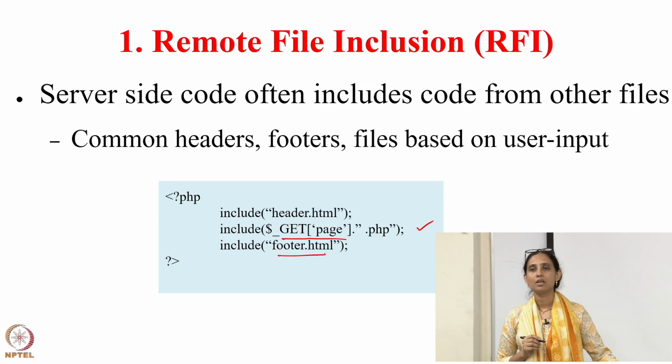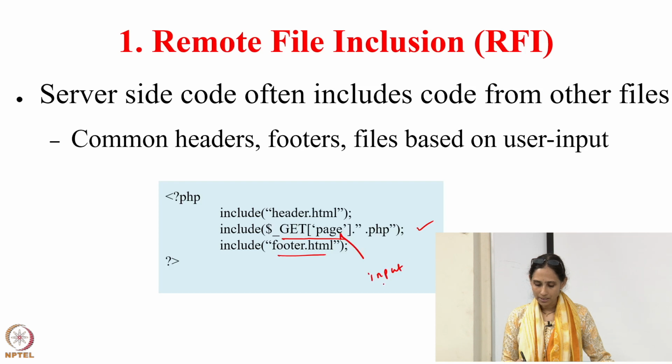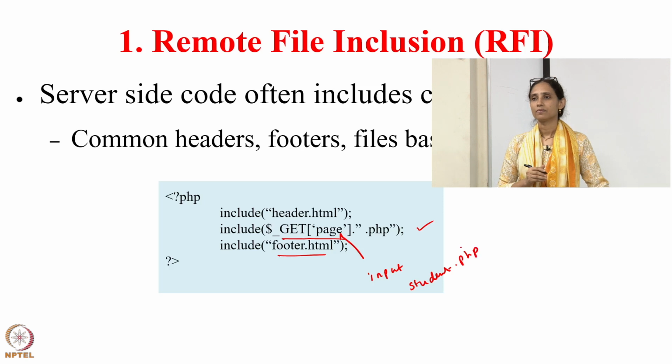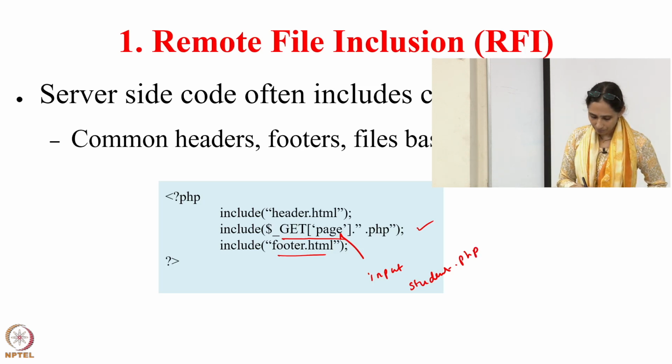Okay, so, that is basically what this is saying, where this page is an input from the user. If the user says page is, let us say, student as the input, it will include student.php as part of this. Whatever student.php content is there, it will include in this HTML. That is what this is telling.